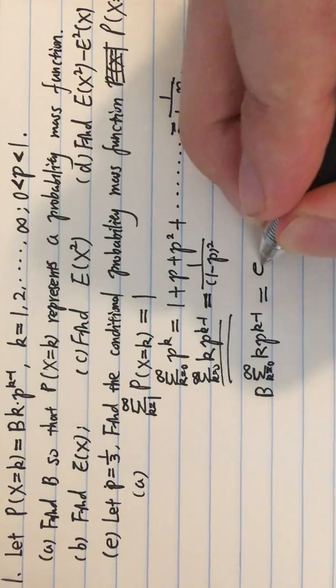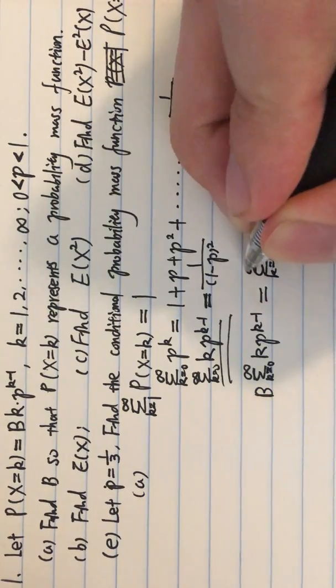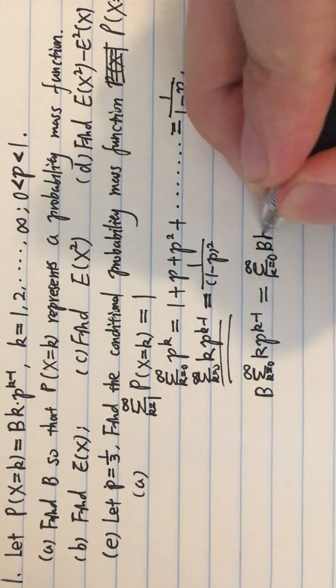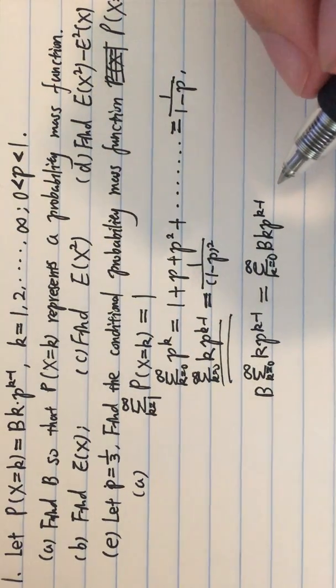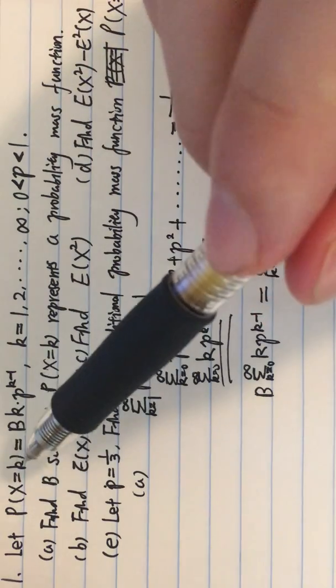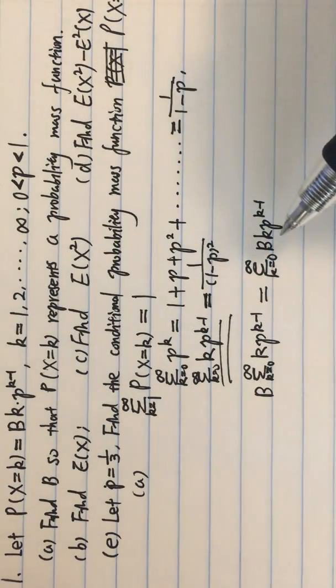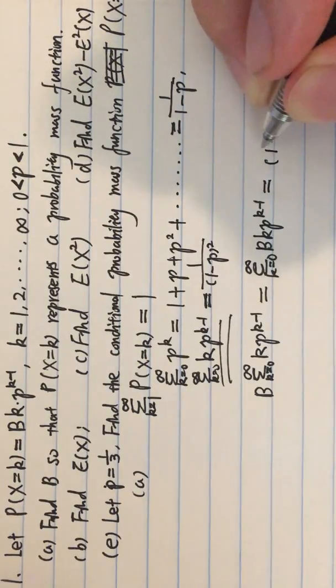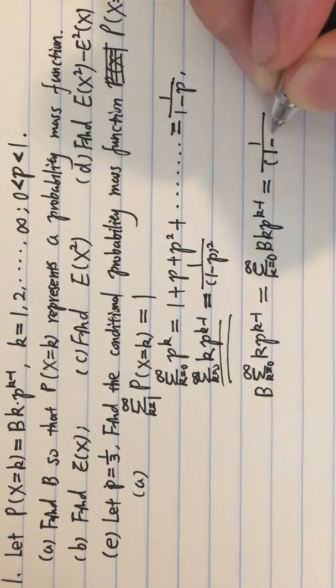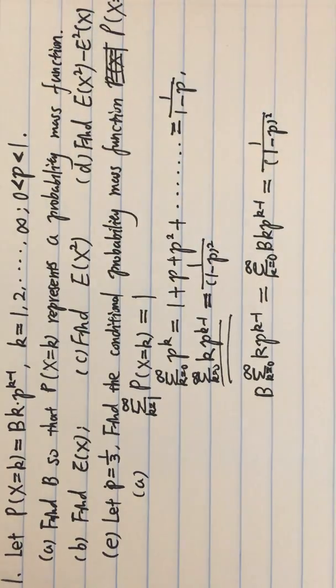This is exactly the probability of X equals k. So this equals b times 1 over 1 minus p to the power of 2.